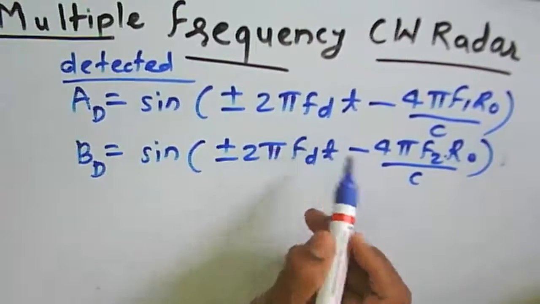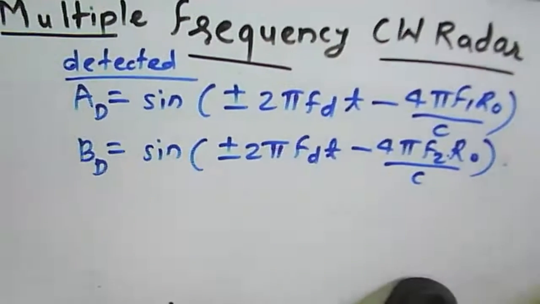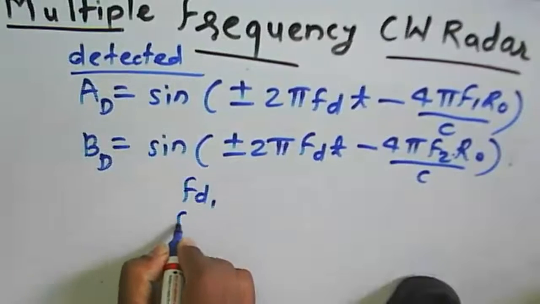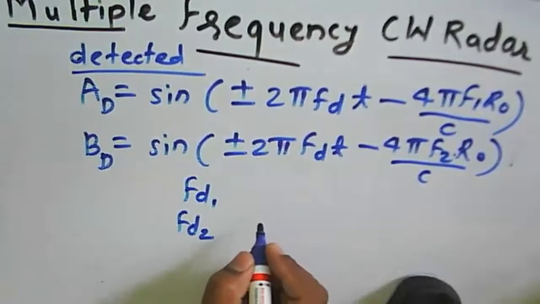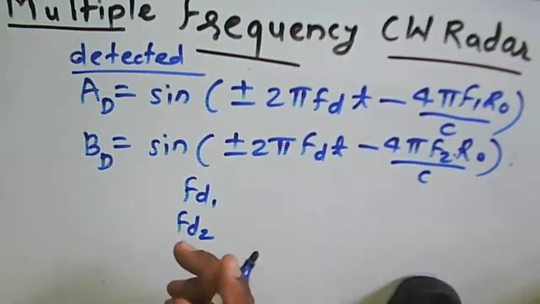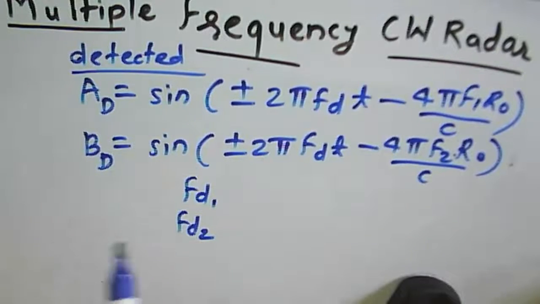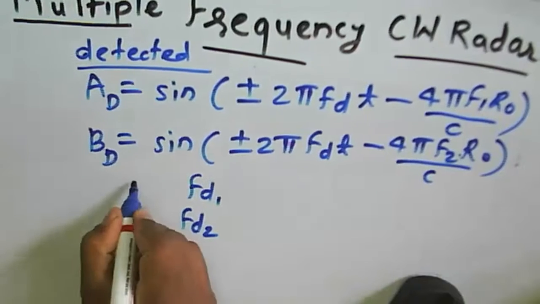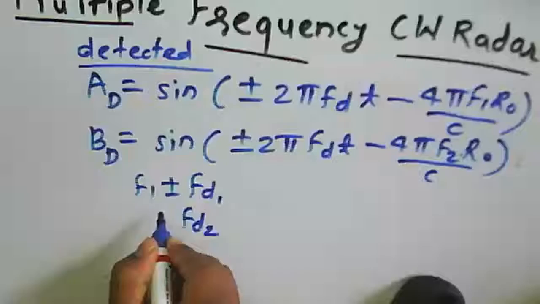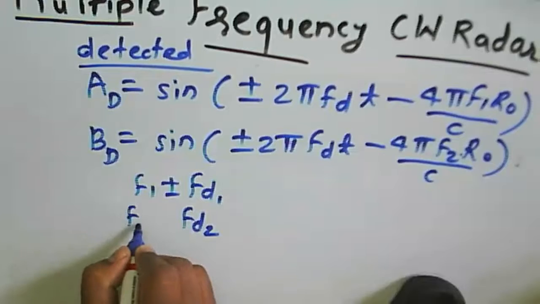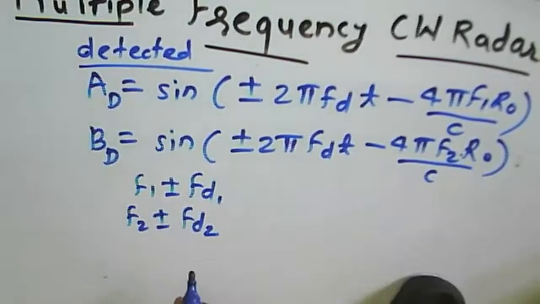Now here we have written only fd. We have not written fd1, fd2 likewise, because generally we say it is a Doppler frequency shift. For the same radar, the same target or the same object, we send the signal frequency f1, then there will be plus or minus fd, and likewise plus or minus fd with f2 now.